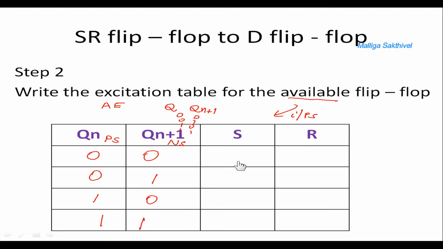The shortcut for this excitation table is: for S, 0 1 0 x, and for R it is the reverse, x 0 1 0. So this is the excitation table for the available flip-flop.